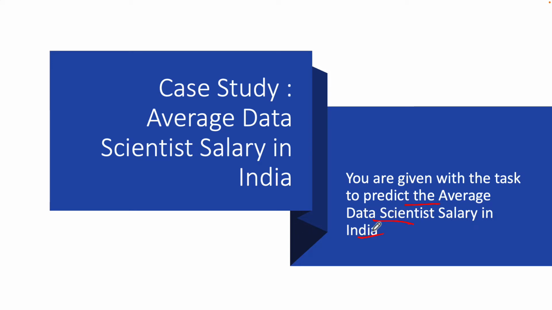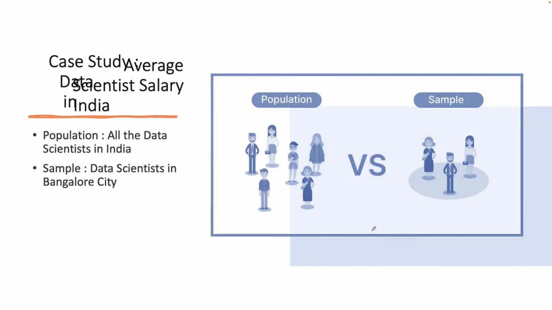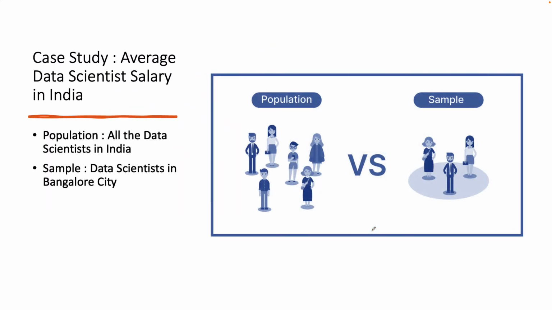In order to perform this activity, what data are you looking for? You are looking for the entire list of data scientists present in India. So all the data scientists in India will be your population.